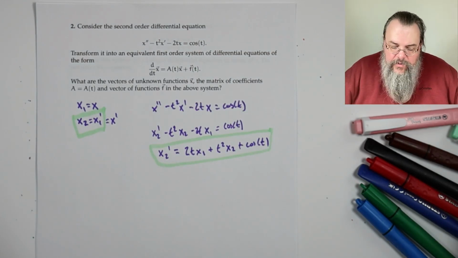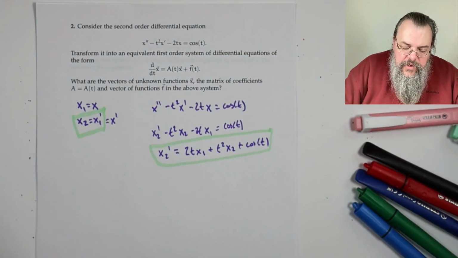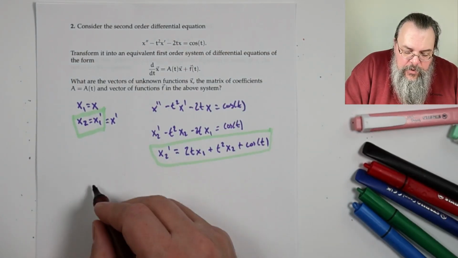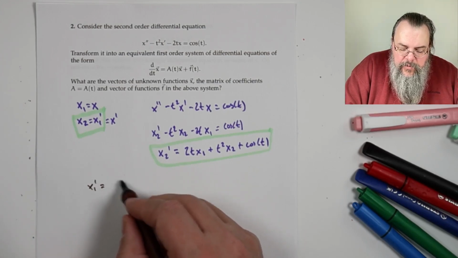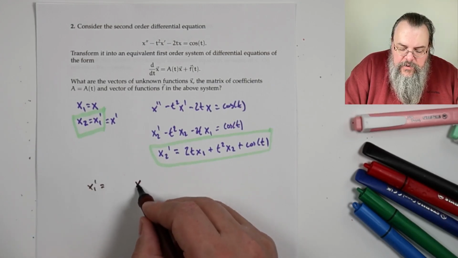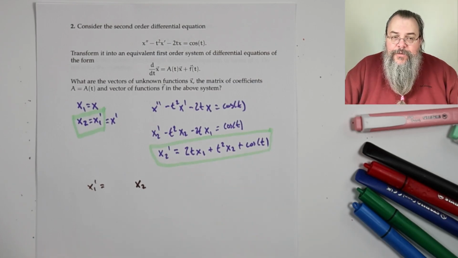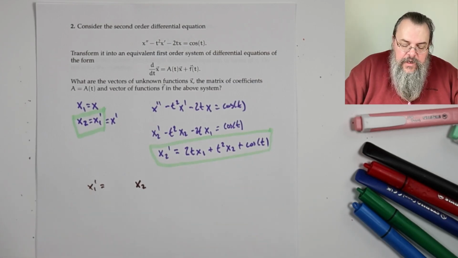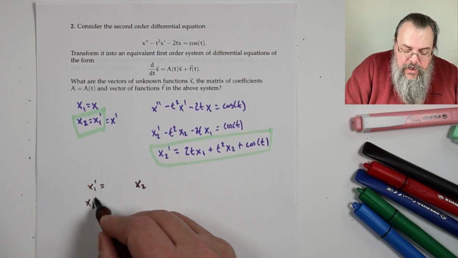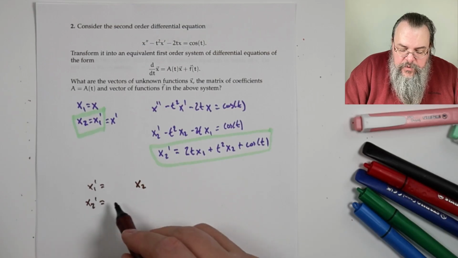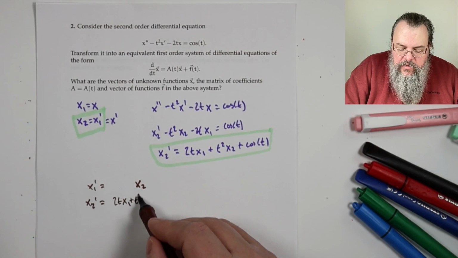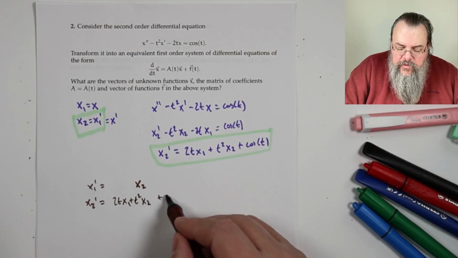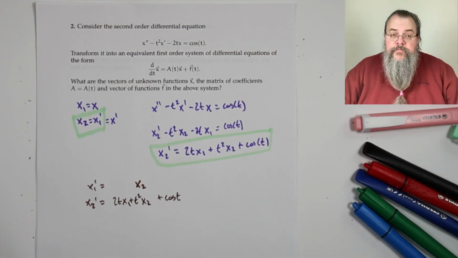All right, so let's put these together. So what do we have? We have x1 prime equal to, going to leave a gap, not too suspicious, but it'll be clear once you write down the other one, x2, and x2 prime is equal to 2tx1 plus t squared x2 plus cosine t.